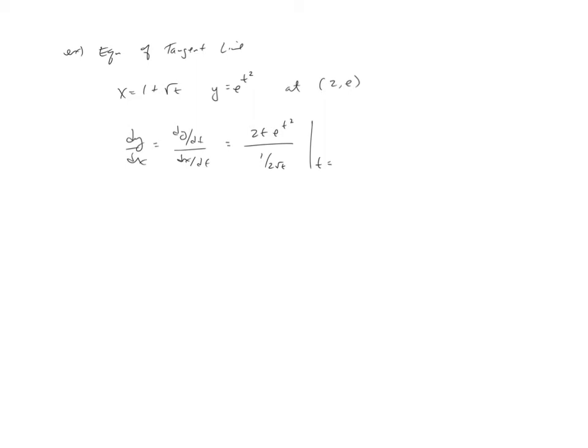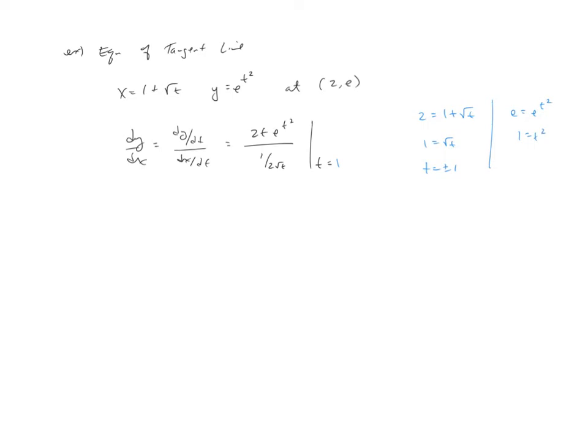So I could have 2 equals 1 plus root t, which if I subtract 1, I get 1 equals root t, and t equals plus or minus 1. But remember, in this particular case, t has to be positive, so t would have to equal 1. You could have also approached it the other way by letting e equal e to the t squared, in which case 1 would equal t squared, and we get to the same result.